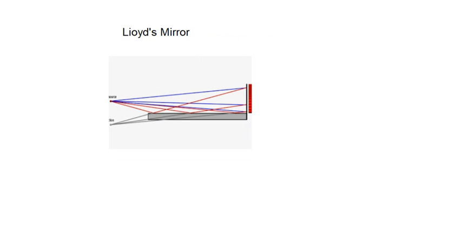Another way of getting coherent sources is by Lloyd mirror. In Lloyd mirror, what happens?